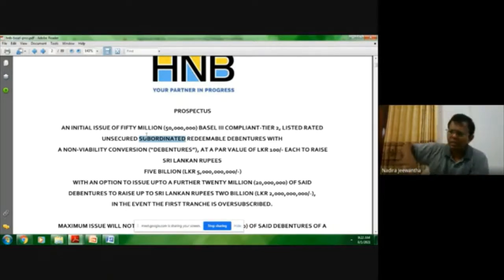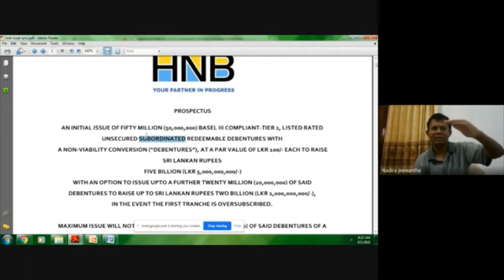All these liabilities you have to settle before you settle this subordinated debenture, this type of debenture that I'm telling you. So the possibility for you to get something if the bank is bankrupt is very remote, because you settle all these other liabilities first.